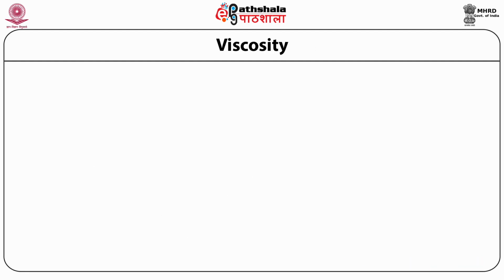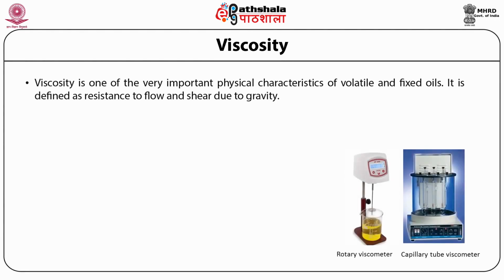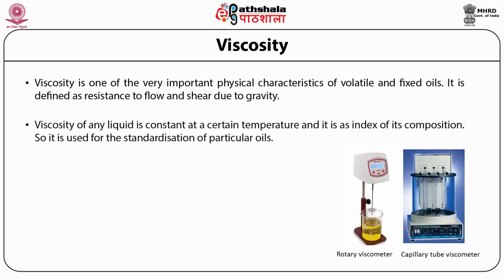Viscosity is another feature which is applicable for liquid samples, although it is more important for fixed oils because they are more viscous, but it is also of importance in case of volatile oils. It is defined as the resistance to flow and shear due to gravity. Viscosity of any liquid is constant at a certain temperature and is an index of its composition, so it is used for the standardization of particular oils.